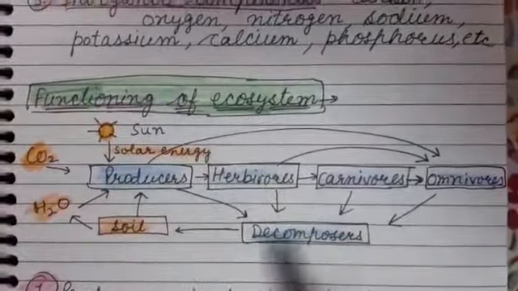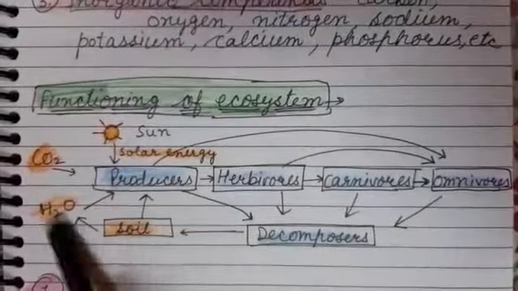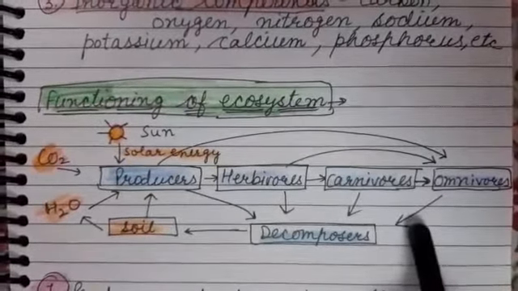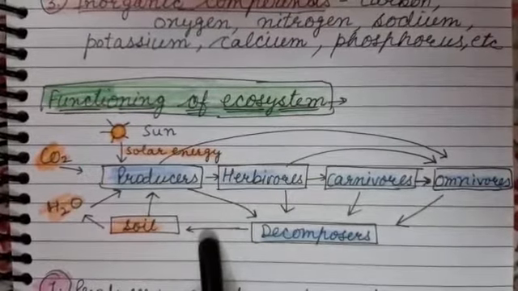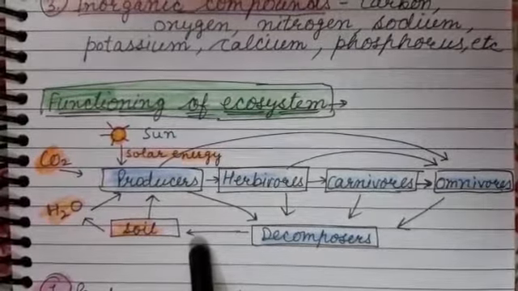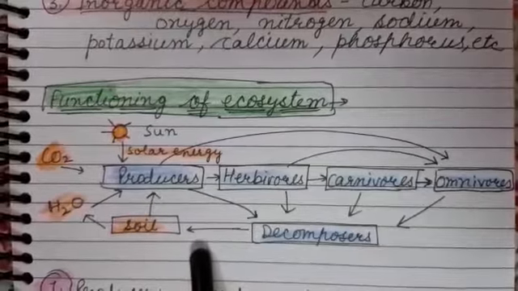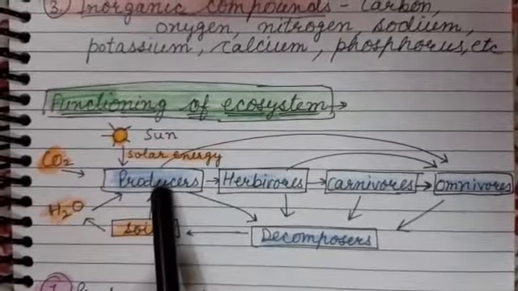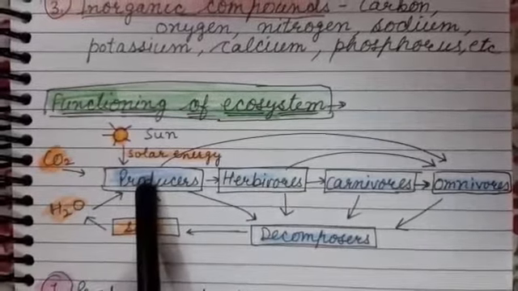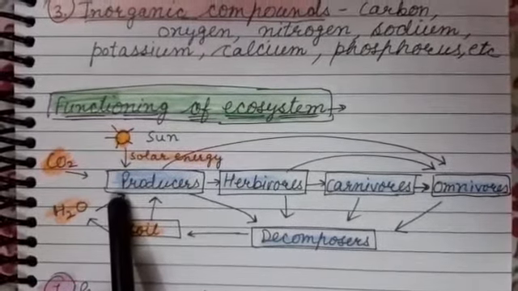Students, this is the flow chart which shows the functioning of ecosystem. An ecosystem functions as an independent or self-sufficient unit in nature. How? Producers absorb carbon dioxide and water from the environment.